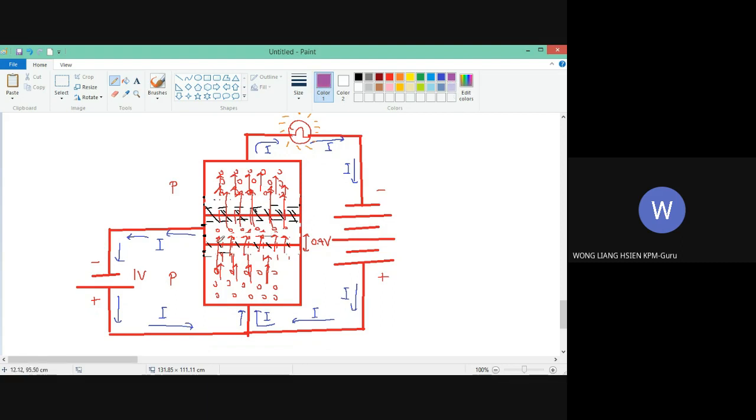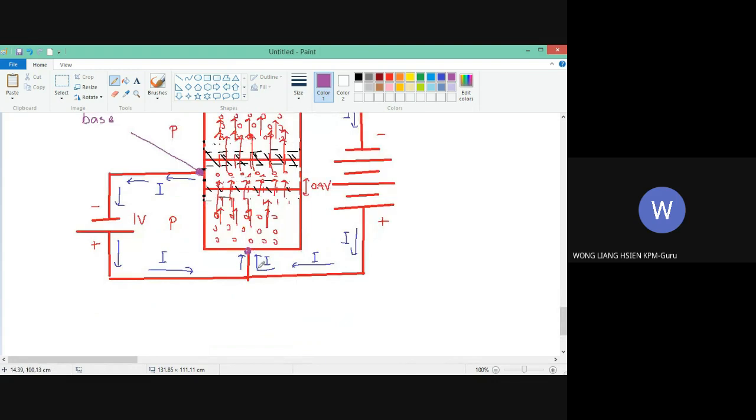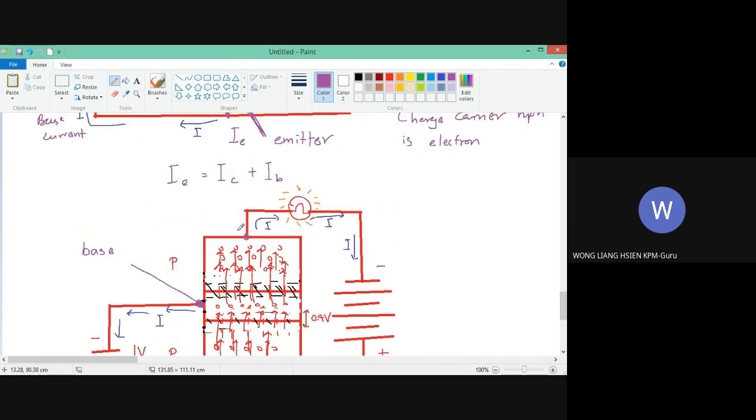So same thing also. See, here this center terminal controls how much charge can pass through. Then it can control the size of the current here. So all this emits the charge carrier. The charge carrier here is the hole. So it emits the hole to come out here. Here the collector receives the charge carrier, receives the hole.